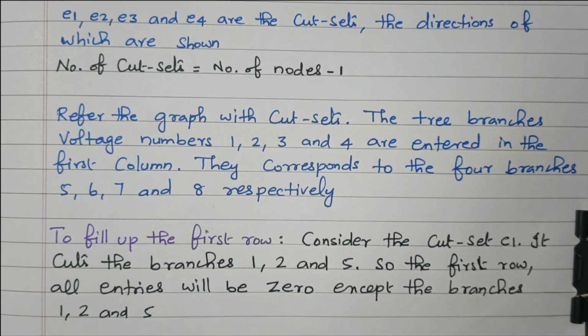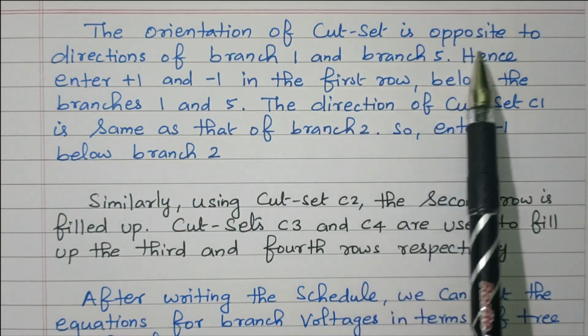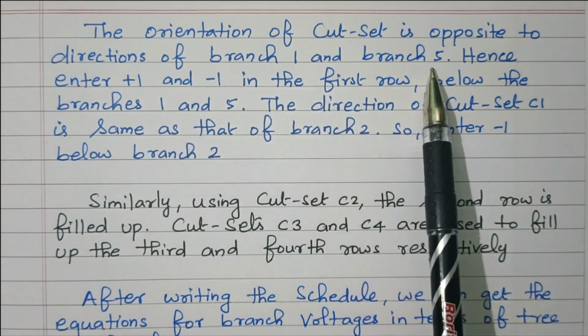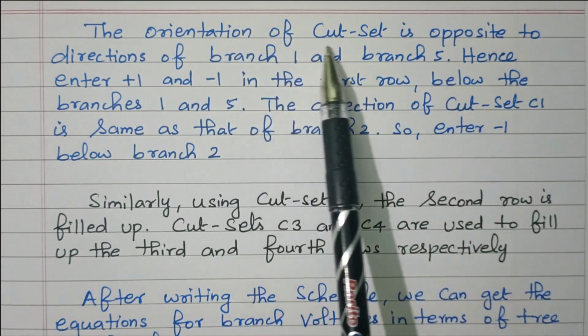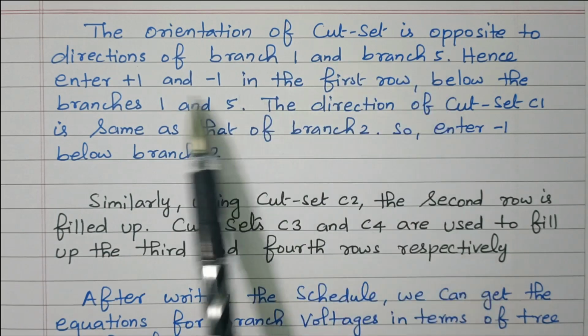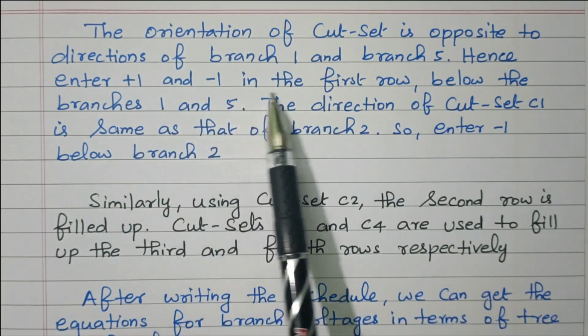Similarly, we can go for the other rows. The orientation of the cut set is opposite to the direction of branches 1 and 5. Hence its value is plus 1 in the first row.